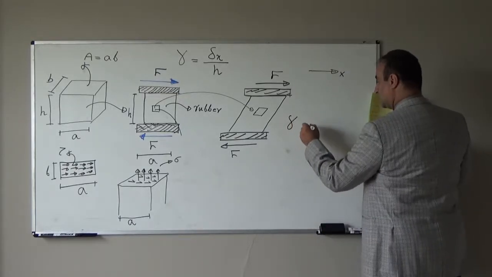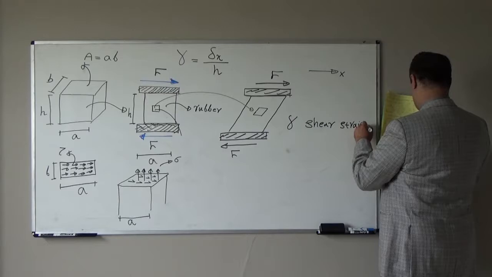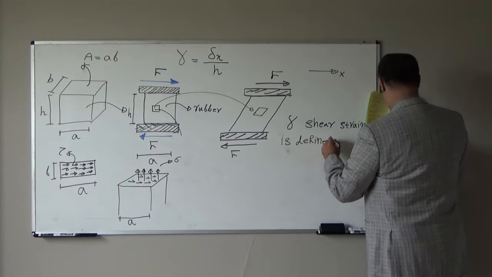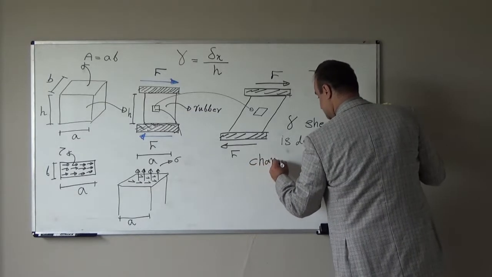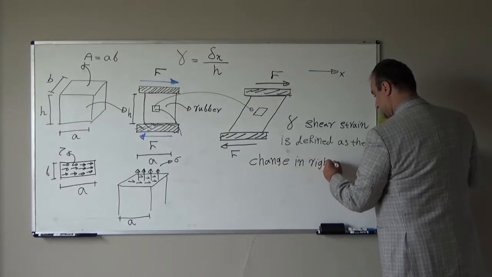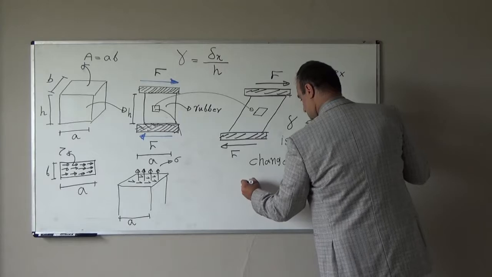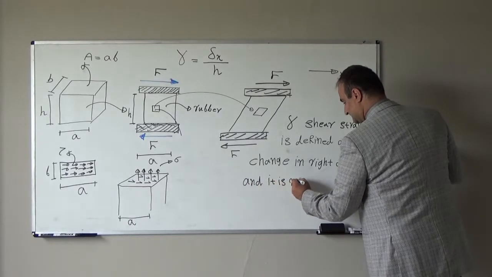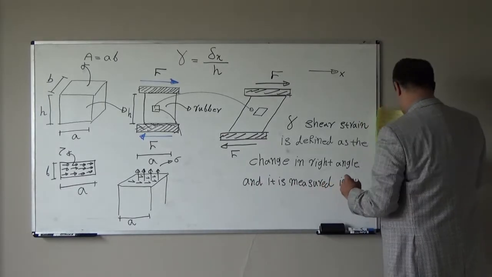Gamma, or shear strain, is defined as the change in right angle, and it is measured in radians.